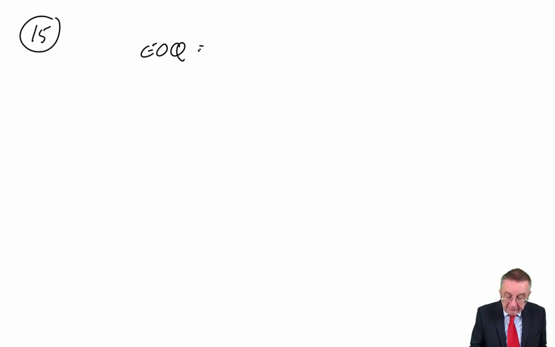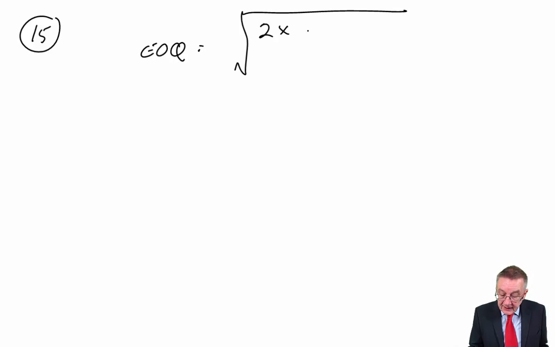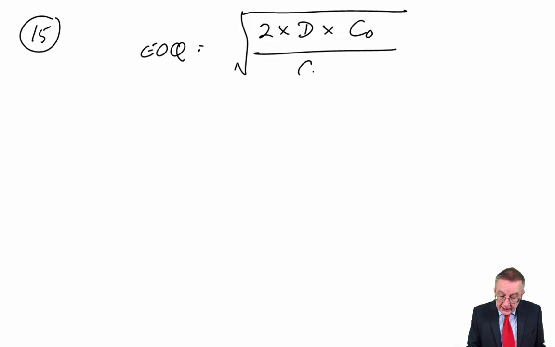And that formula is given. If you're doing inventory control, economic order quantity is the square root of 2 times the total demand times the cost of each order divided by the holding cost.